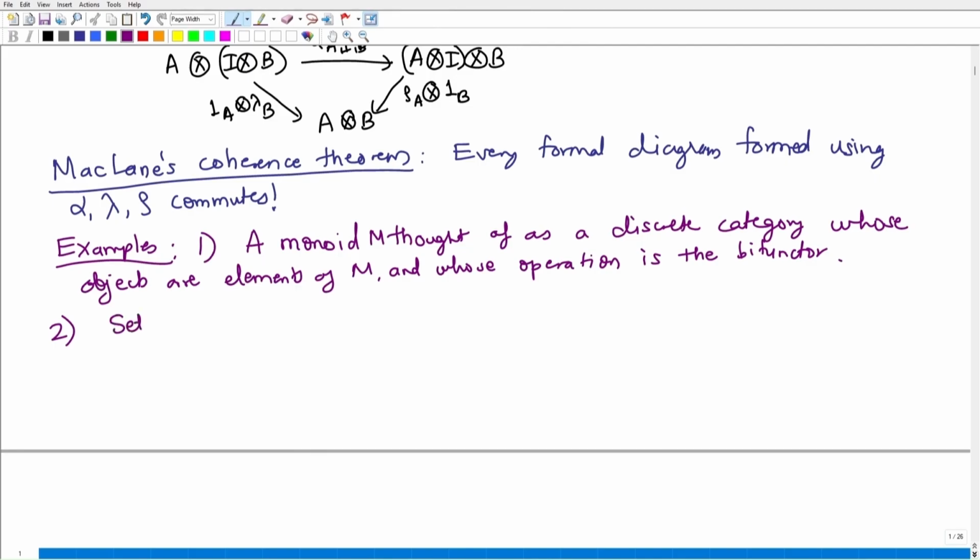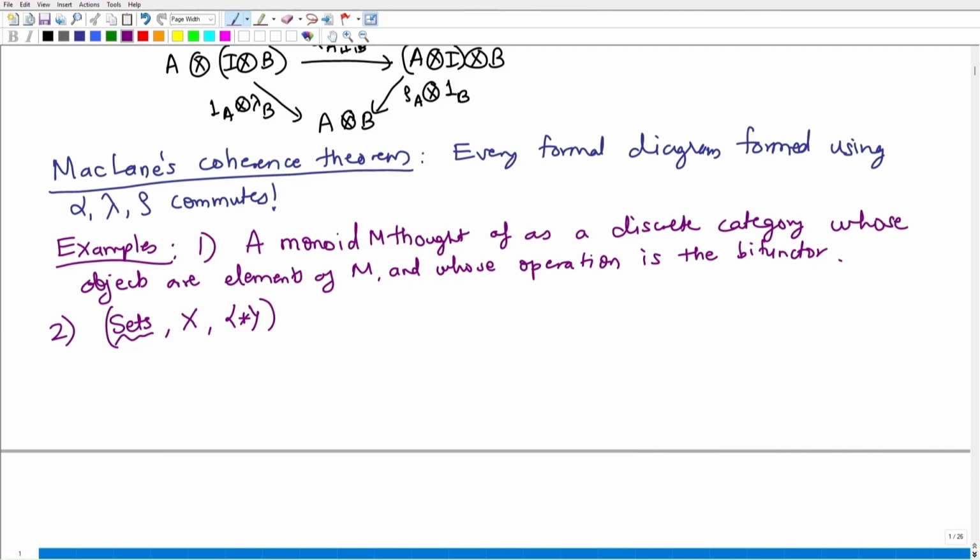I'll give you another example. The category of sets together with a cross product, and the identity object is a singleton. So cross product is a bifunctor.